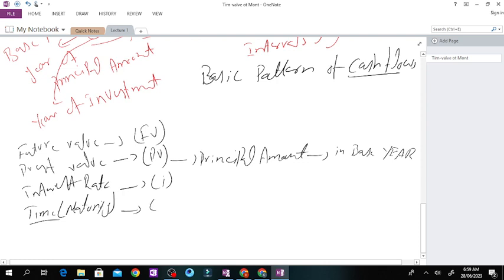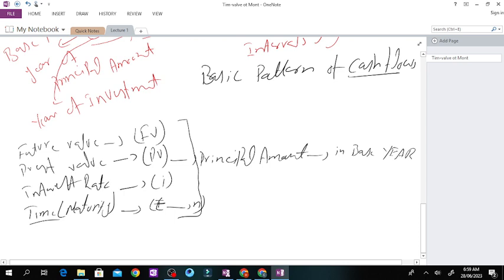Normally we show this as a small t, and n for the number of months or number of years, depending on the situation. All these terms you just need to remember, because we have a formula which is based on these terminologies.